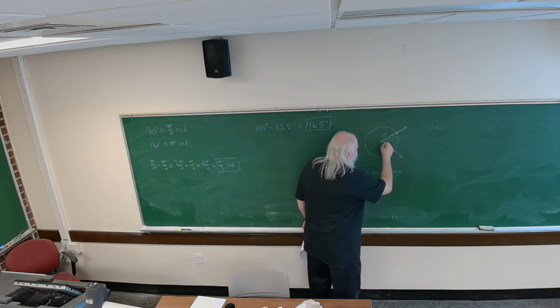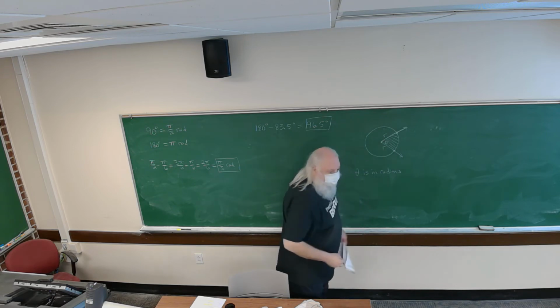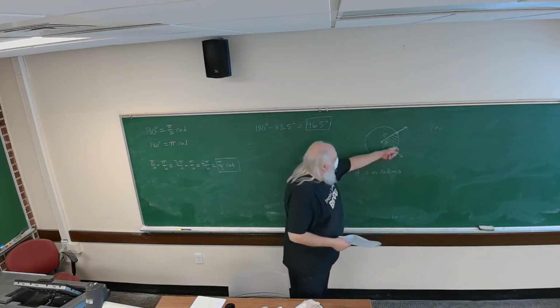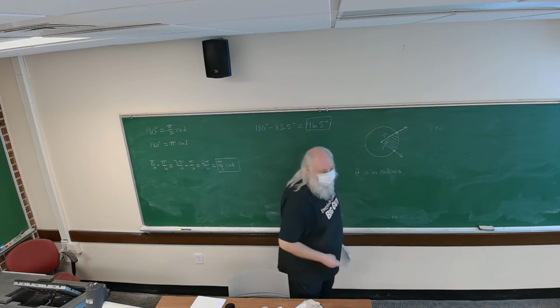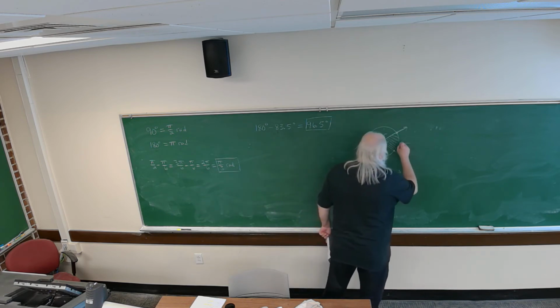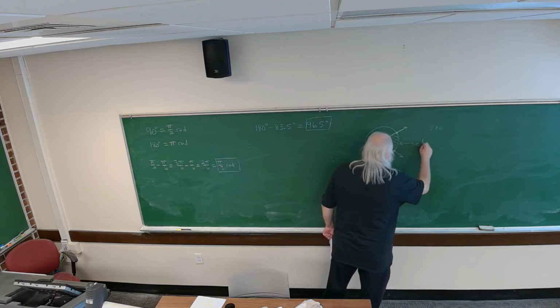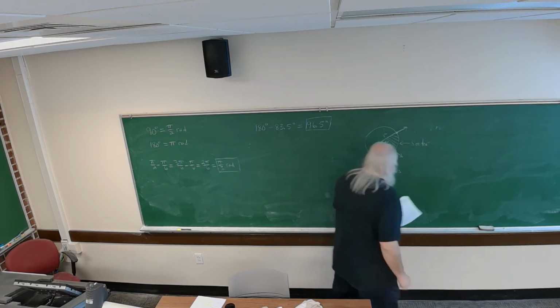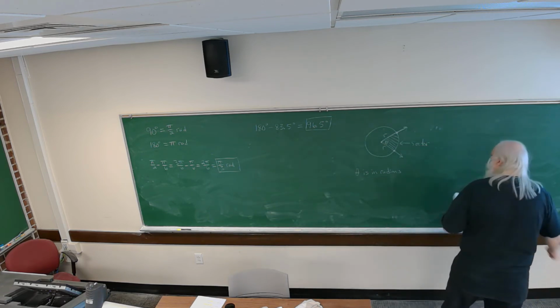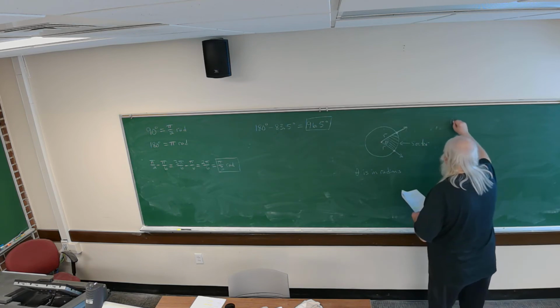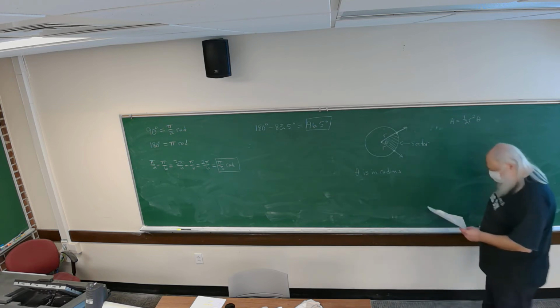If you think of this circle as a pie, P-I-E, the sector is a slice of the pie. And the area of that sector is given by the formula 1/2 r squared theta, where theta again is in radians.